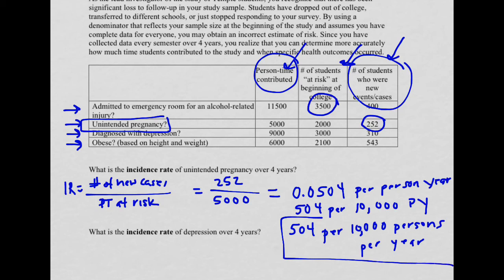And your choice of how you report this is really based on comprehension. What is your audience going to understand? They're probably going to understand that every year of this study, there are 504 cases or events of unintended pregnancy per 10,000 persons.